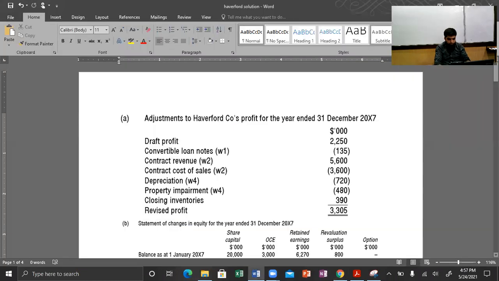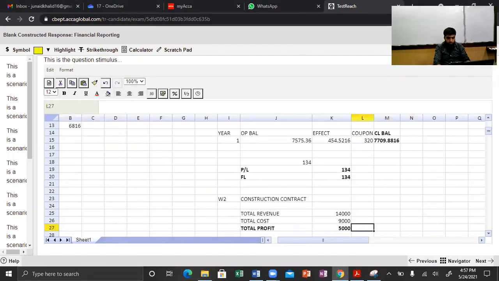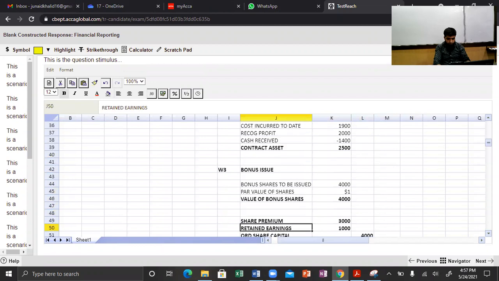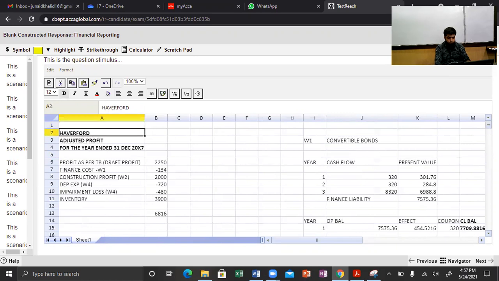Inventory is 0.39 million, so this is going to be 390. Yes, the amount should have been 390. So the adjusted profit is 3306. That is the adjusted profit.